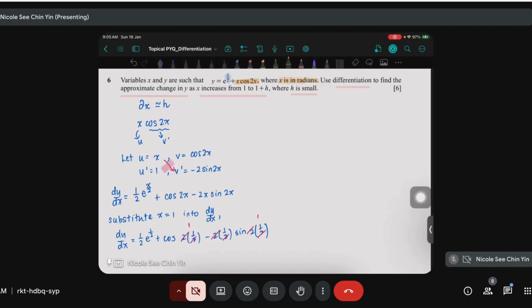Okay, let's start to simplify. So dy/dx equals half e^(half x) plus cos 1 minus sine 1.